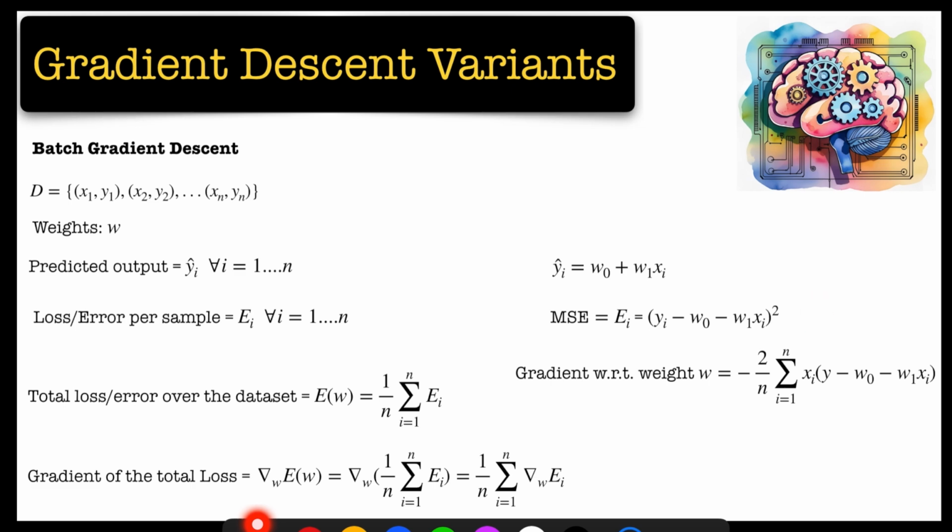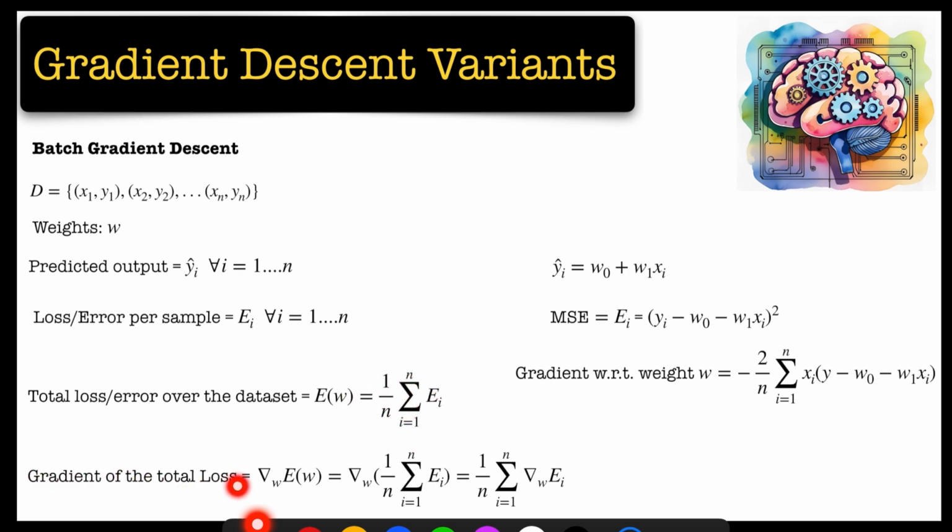How do we calculate the gradient of this loss or error function? The loss or error per sample is Ei, which we are calculating here, right? The total loss or error over the data set will be the summation of all the errors.